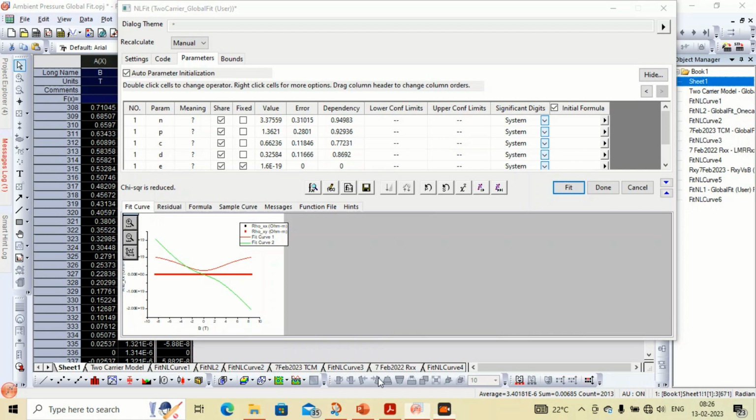This is of the order of 24. The same amount will also be present for holes, and the mobility is, I think, good, so we can start fitting now. You can see the black curve is for rho xx, and the red one is for rho xy.